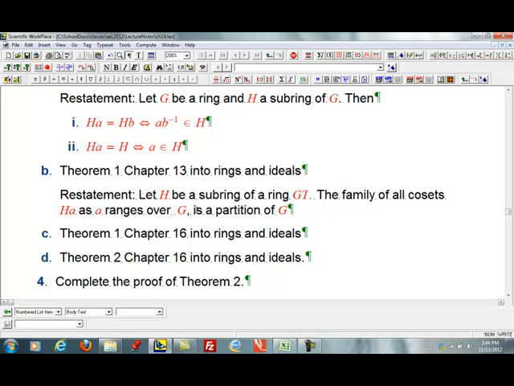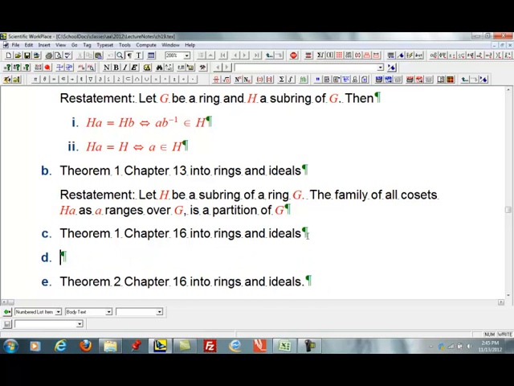Can you take out the T after the G on the first line? Yeah. Is a partition of G. So our cosets still give us partitions.